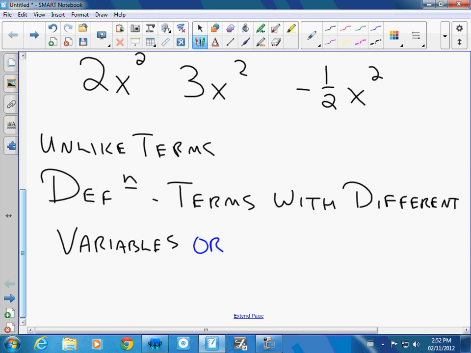Right? They could have the same variables, but they could be different exponents, like an x squared and an x cubed, right? Those are unlike terms. Or the same variable with different exponents.